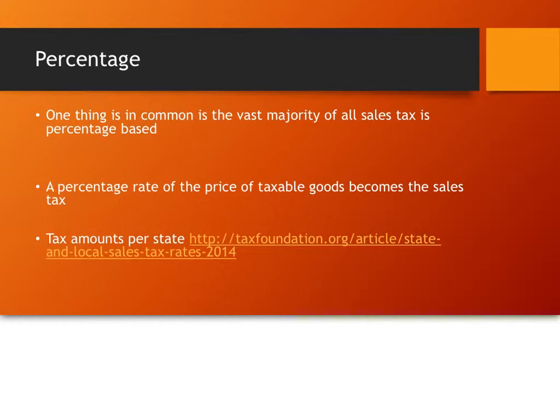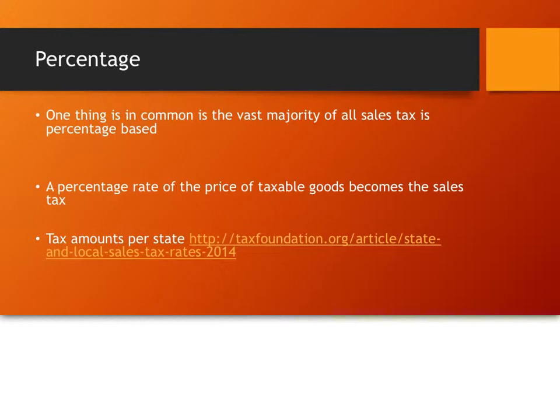Now, one thing all sales taxes have in common is that they're percentage based, at least all sales taxes in the United States, the vast majority anyways. If there's one that's not, then I'm not 100% sure where it's located. So when I say percentage based, I just mean that you're going to take a percentage rate and multiply that times the price of whatever taxable goods you had.